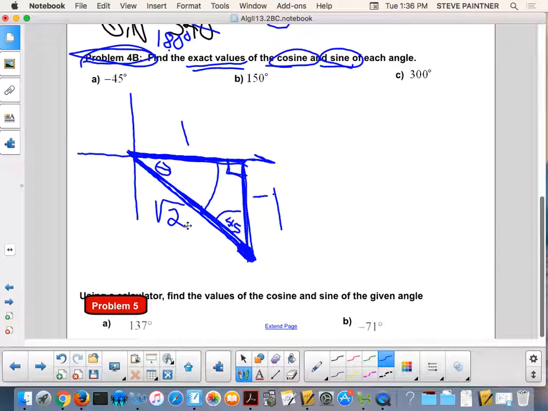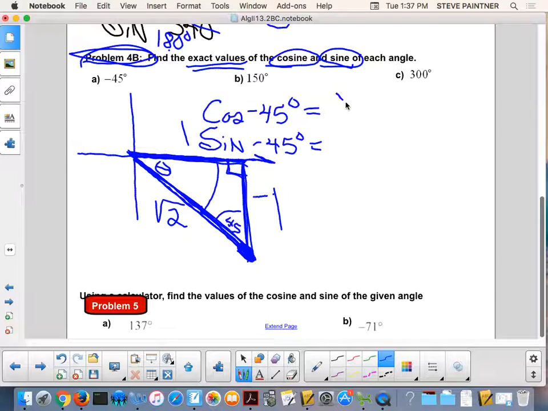Now that you have your negative 45 drawn and you have your triangle in there, go ahead, find cosine. What's cosine of negative 45 degrees? What's sine of negative 45 degrees? This is where you can think opposite over hypotenuse, or better yet, I would think of cosine as x over r.